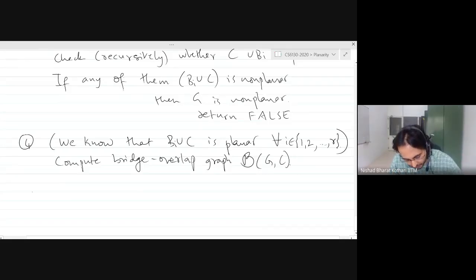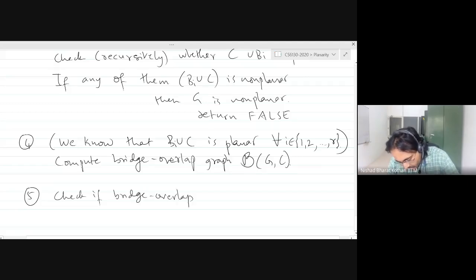Good. Now what do we do? What's the next step? We have the bridge overlap graph. What should we do with this graph? Check if this bridge overlap graph is bipartite. This can be done easily.